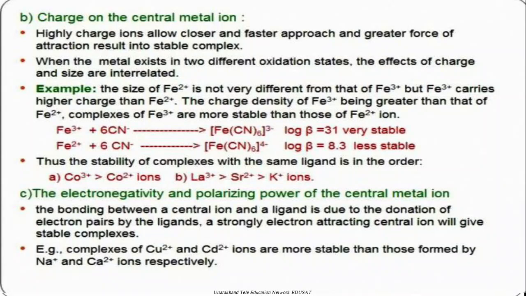For example, complexes of Cu2+ and Cd2+ ions are more stable than those formed by sodium or calcium 2+ ions respectively, because in the bonding between the central metal ion and ligand there is donation of an electron pair, and these atoms have the capacity to accommodate those donated electrons in their vacant d orbitals.